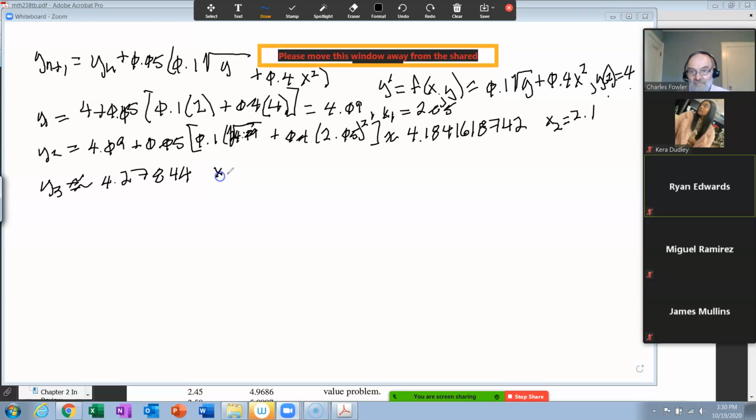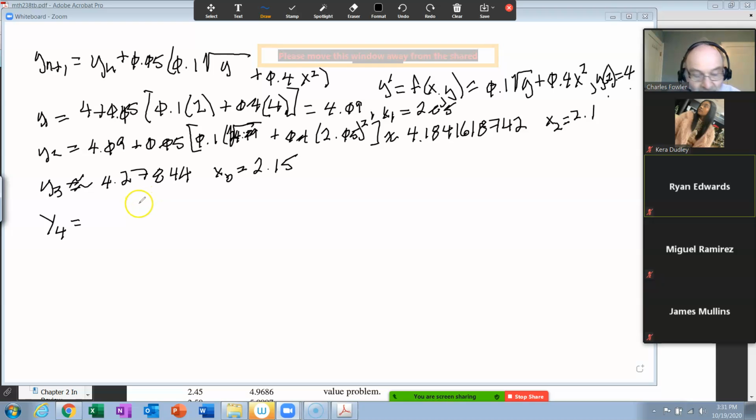Your x sub 3 would then be 2.15. Okay? And then the y sub 4, I'm not going to do the calculation because I may have made a mistake on mine. I'll use the one they got in the book, 4.3854.